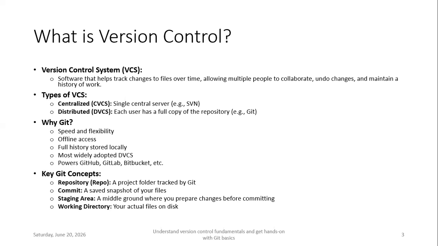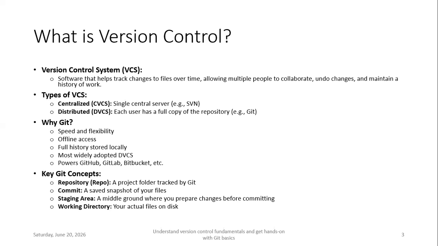So with these version control systems, we have the centralized ones, a single server, but we have the distributed ones, such as Git. And when we are saying distributed, we mean that every person has their own copy of the repository.